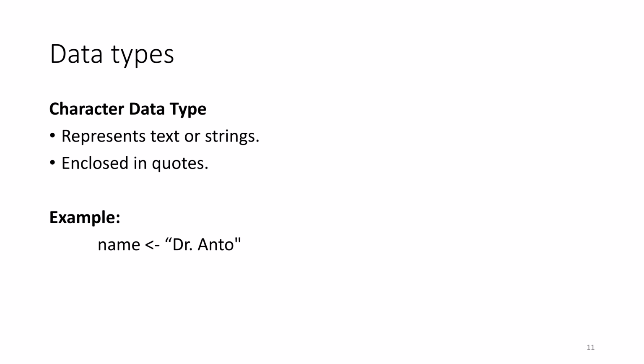The character data type is used to store text or strings. In R, character values must be written inside quotes. For example, name = "Dr. Anto" stores the text Dr. Anto as a character value.